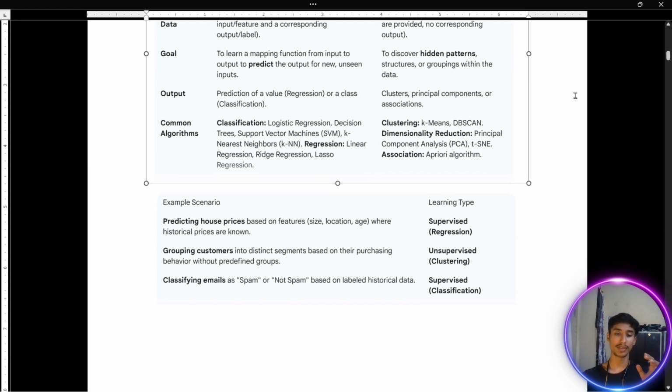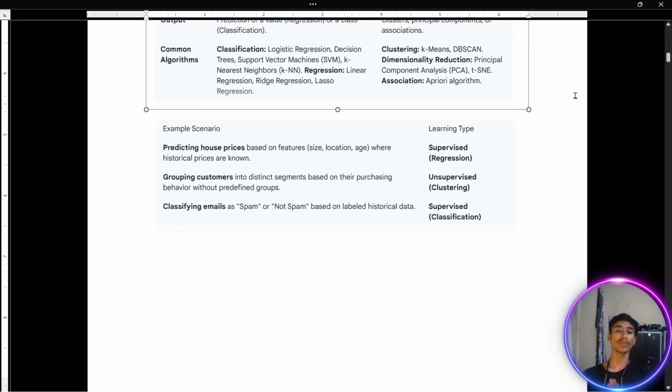Now, moving towards examples. Predicting house prices based on features, that is size, location, and age, where historical prices are known, comes under supervised learning and is an example of regression. Now, grouping distinct customer segments based on purchasing behavior without predefined groups is known as unsupervised learning, and it's an example of clustering.